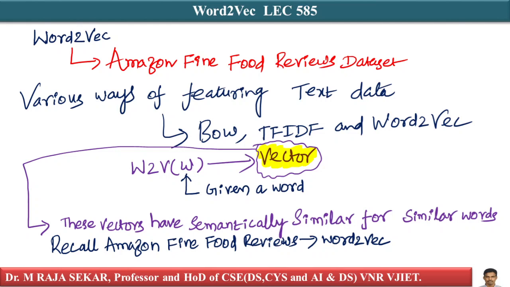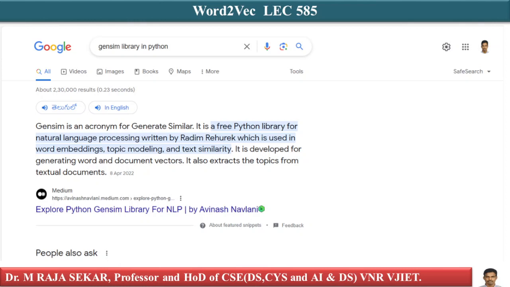In this section, we will understand how Word2Vecs are constructed. Earlier, we didn't know how to build Word2Vec, isn't it? Word2Vec is just a function in the library Gensim. I request all of you to refer to this particular library. It's a function in the library Gensim where we give a word and it returns a vector.